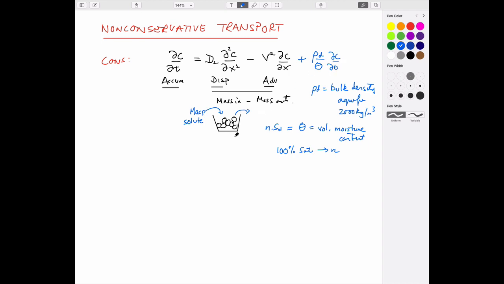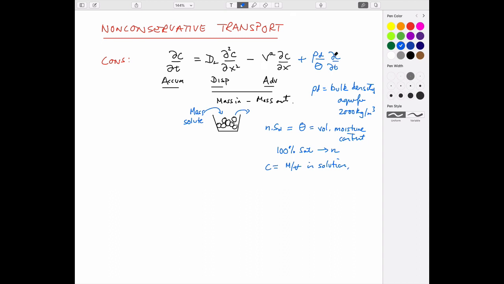And so in all of this, the concentration, although we've never said it, is mass per unit volume in aqueous solution. So it's mass of sodium chloride in volume of water, so 10 grams per cubic meter of water, or per liter of water, whatever you use.